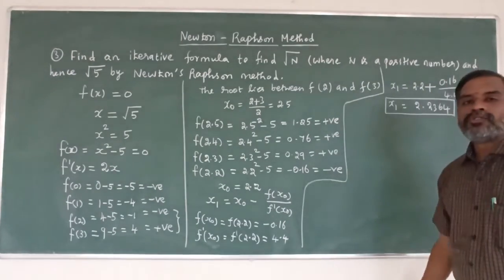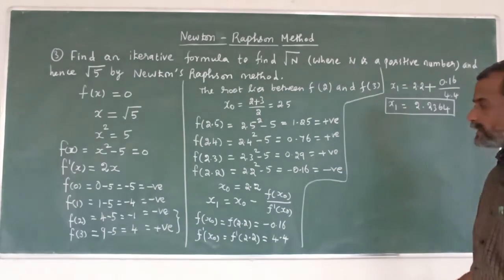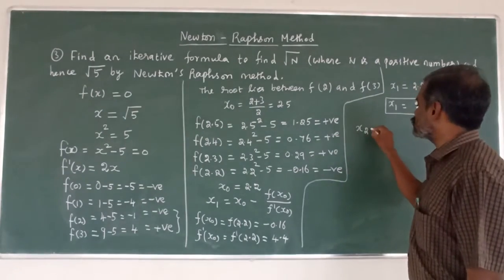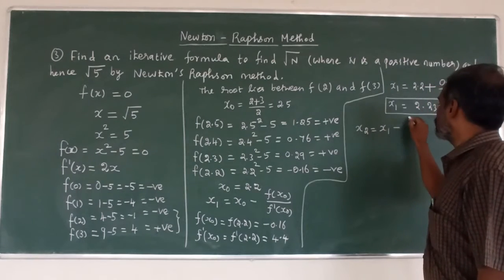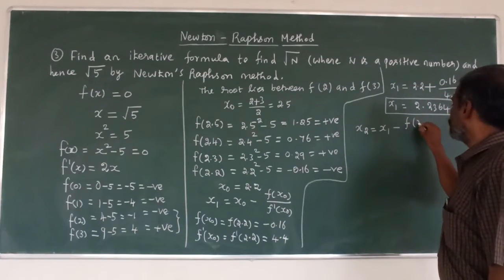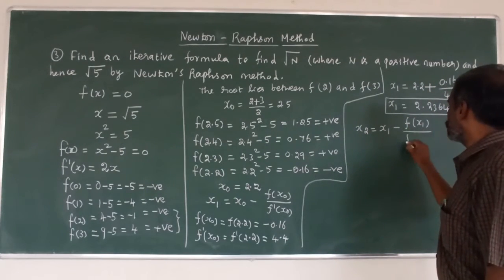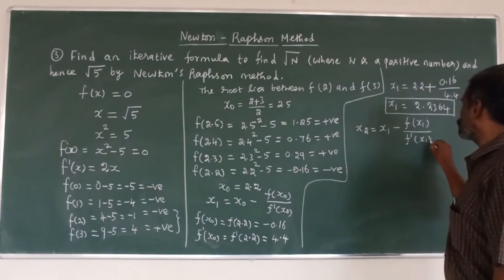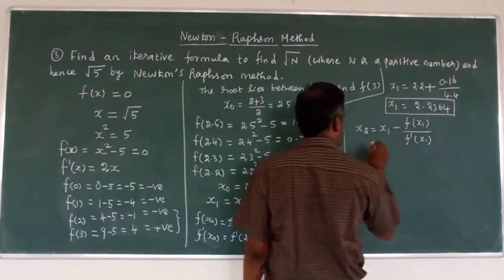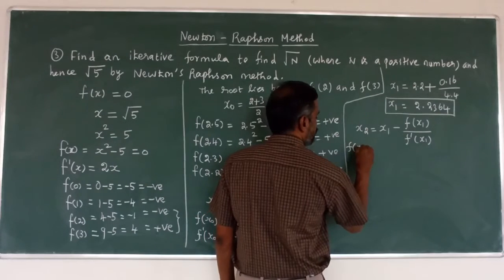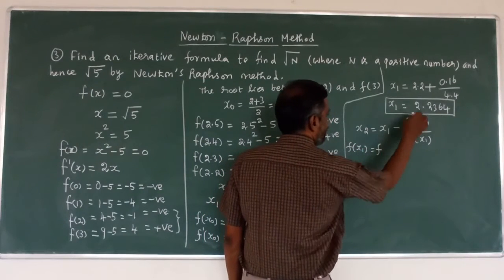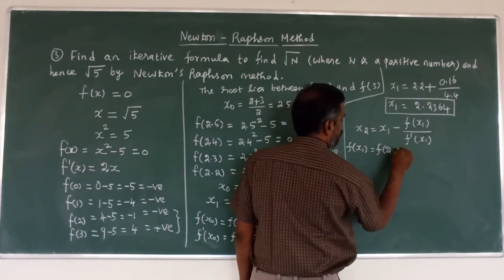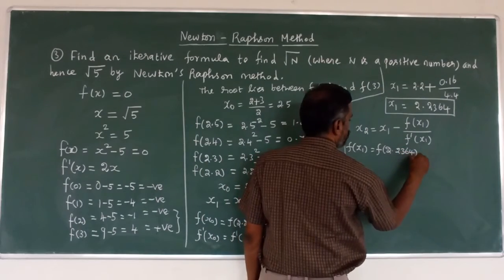Okay. Now second iteration, n value to substitute 1. Now x2 equal x1 minus f of x1 divided by f dash of x1. Now to find out the f of x1 value, f of 2.2364.